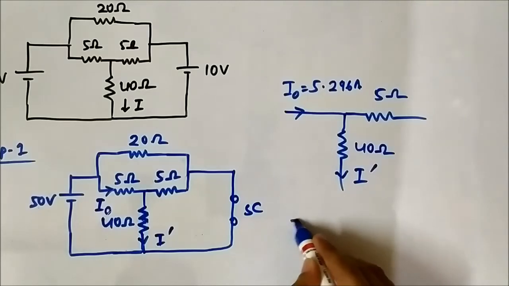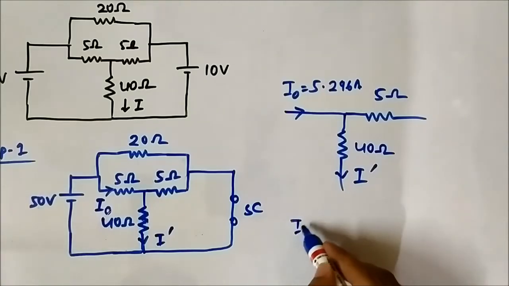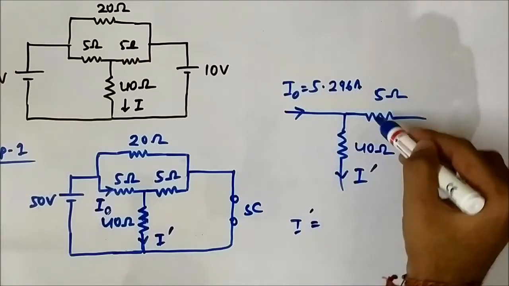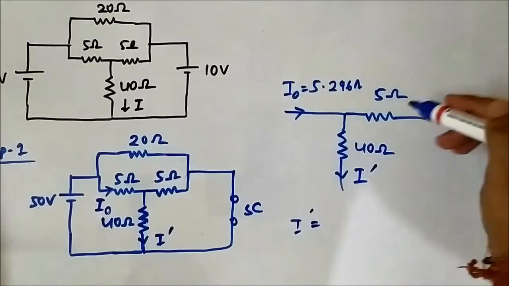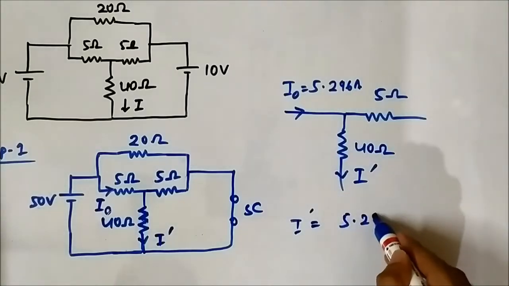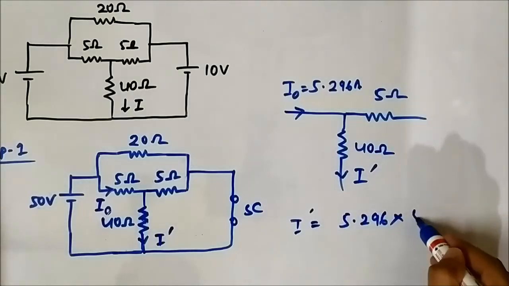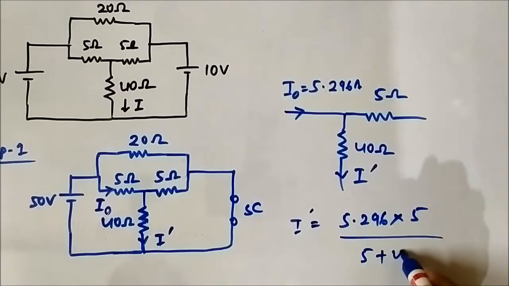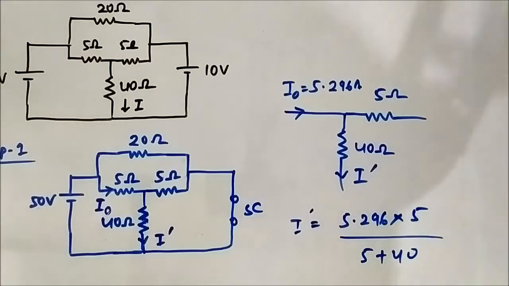So now we apply the current division rule. I dash is equal to 5.296 into the opposite resistance, 5 by 5 plus 40, the sum of the resistors. I have already posted videos related to current division rule, voltage division rule, source transformation, star delta transformation in the circuit theory playlist, so you can check out those videos.